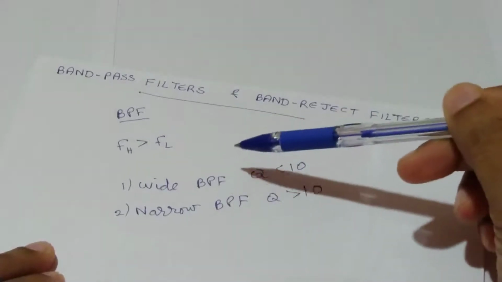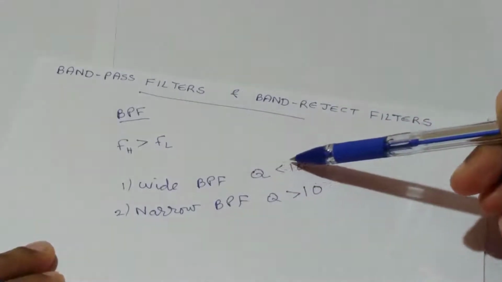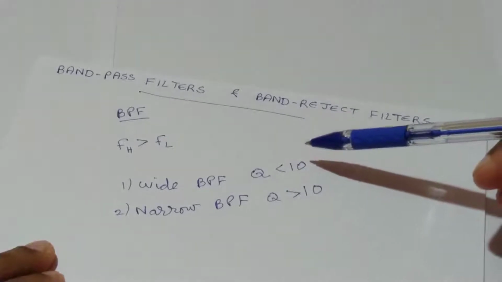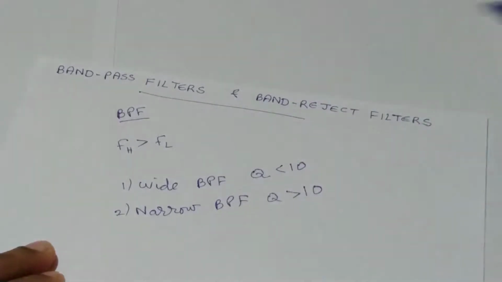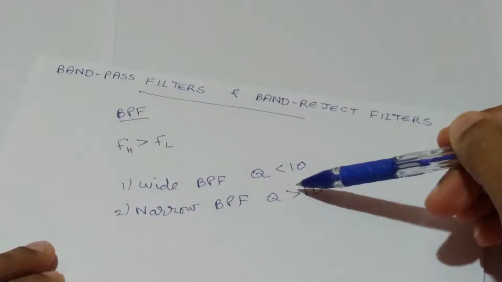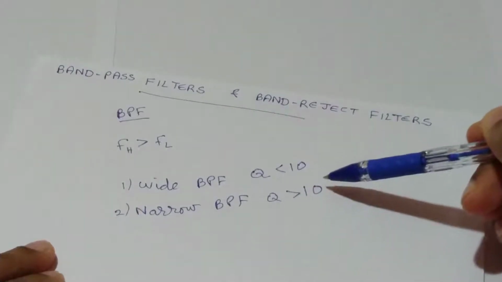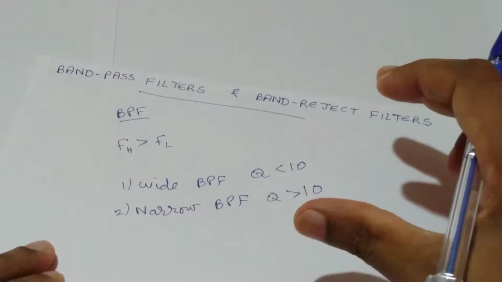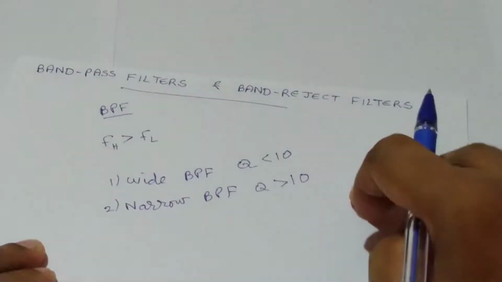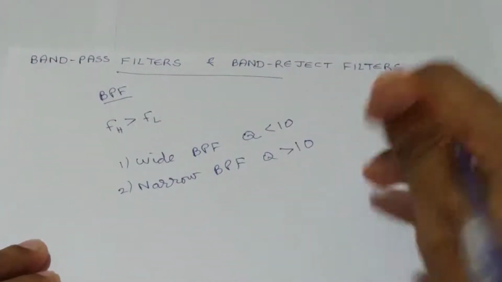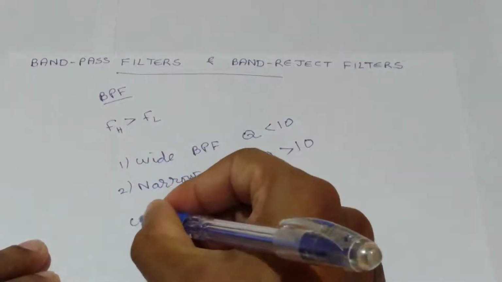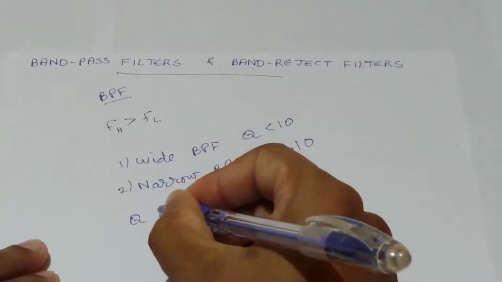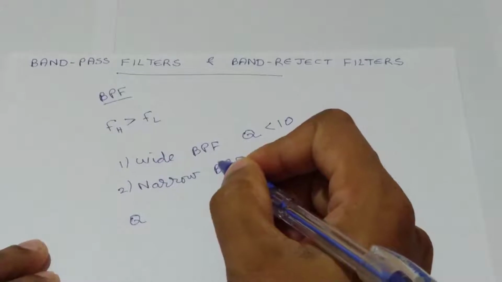So for a wide band pass filter, its quality factor is less than 10, so its bandwidth is large, and for a narrow band pass filter, its quality factor is greater than 10 and its bandwidth is small, or narrow.